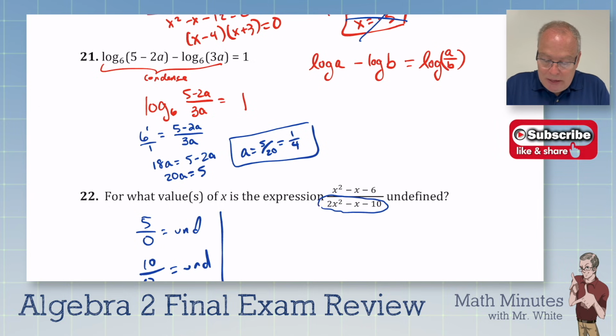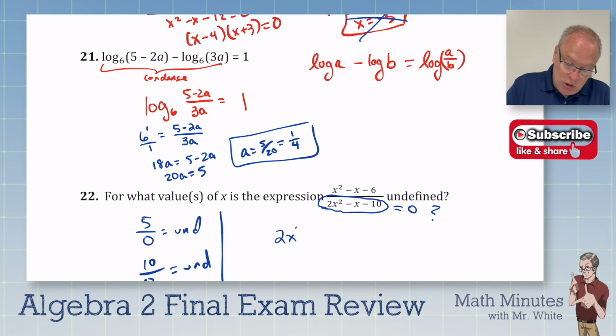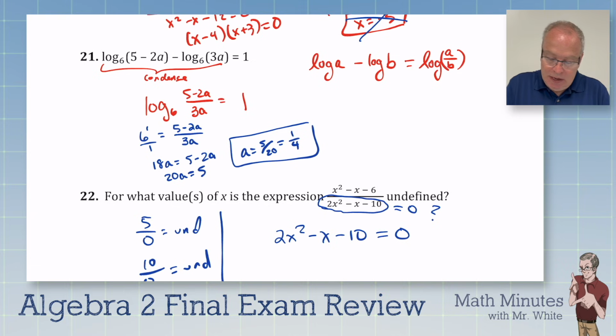So you only have to figure out when the denominator is equal to 0. Those will be what I like to call the problem children, those extra answers that can't be answers, or those numbers we need to stay away from that are outside the domain. So 2x squared minus x minus 10 equals 0.